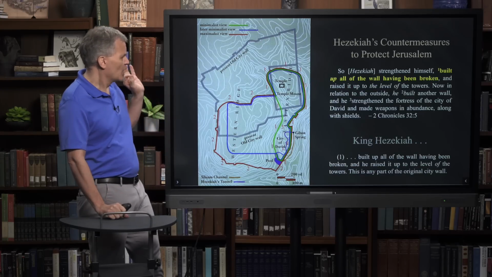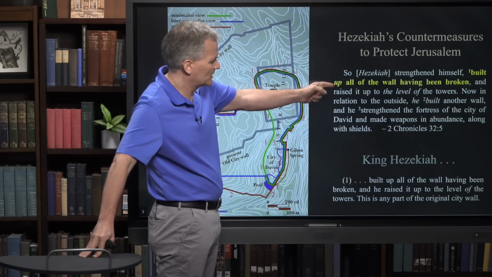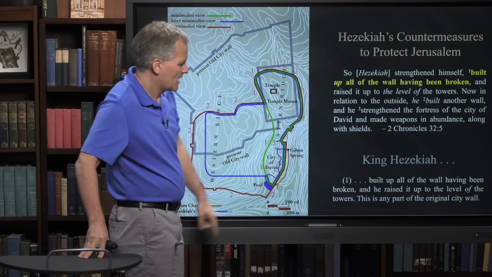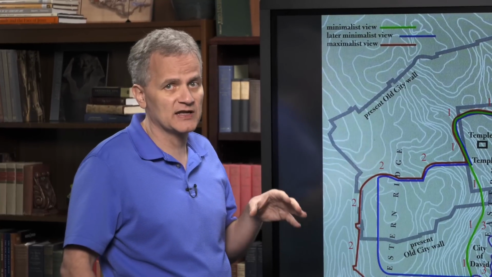All right, so again, let's look at some of those things one at a time. First, Hezekiah built up all of the wall having been broken. What does that mean? Well, he raised it up to the level of the towers also, but this is any part of the original city wall that was somehow dilapidated or broken down.